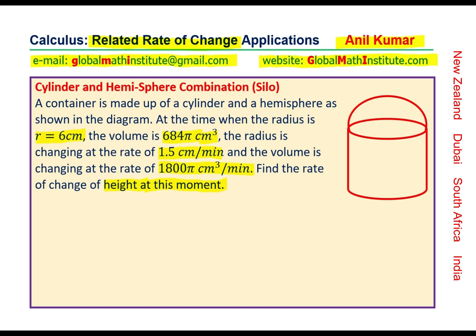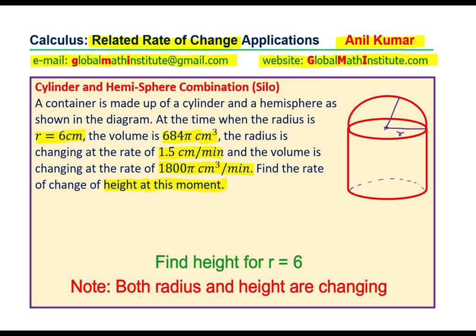So, we are given this diagram where that is the cylindrical part, and as you can see, the radius of the cylinder is given to us as r, which is also the radius of the hemisphere on top of it. An important thing which we need to note here is that the radius is changing, right? r is changing.